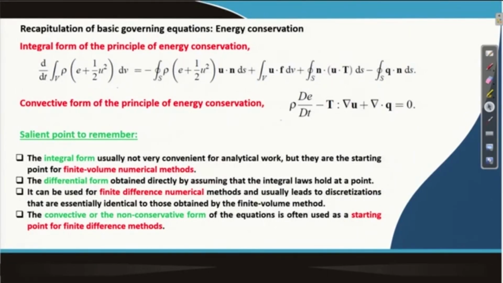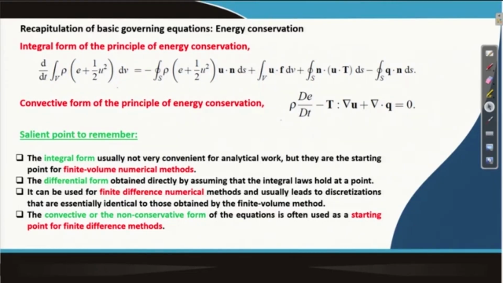So, in the energy conservation equation, of course, we look at the rate of change of internal energy and kinetic energy, and that is the term which figures on the left hand side of the equation.